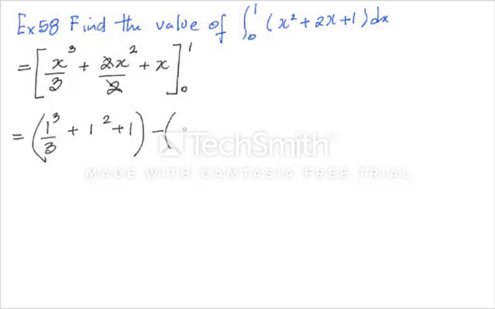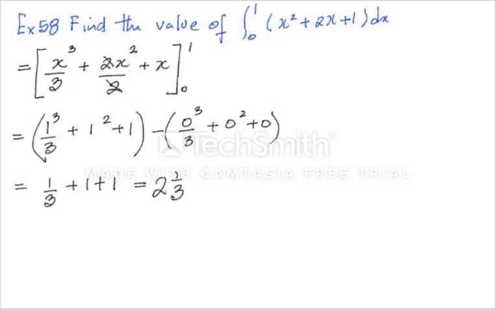And when x is 0, everything over here becomes, let's just put it for the time being, 0 cubed over 3 plus 0 squared plus 0. So as you can see, everything on the right hand side becomes 0. So my answer here is 1/3 plus 1 plus 1. So this is 2 and 1/3. So the value of this integral is 2 and 1/3.